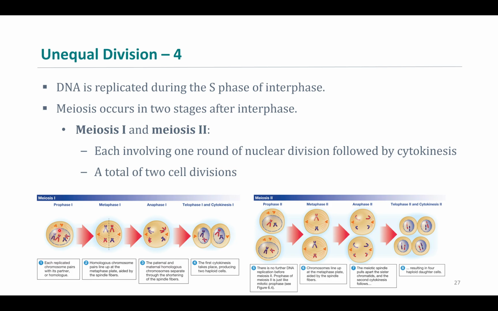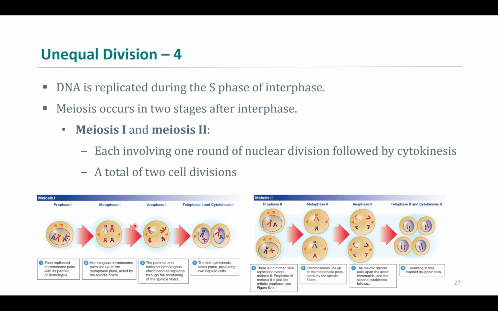Again, prophase 1, metaphase 1, anaphase 1, telophase and cytokinesis 1. During prophase 1, the chromosomes become condensed. During metaphase 1, the homologous chromosomes align in the middle of the cell.